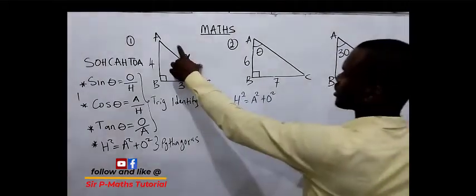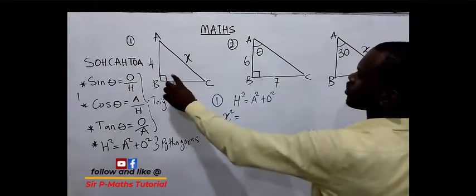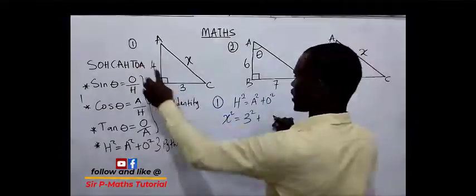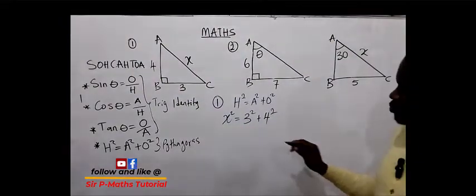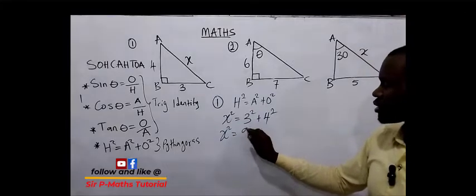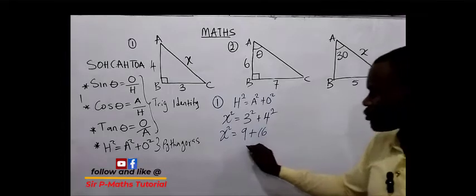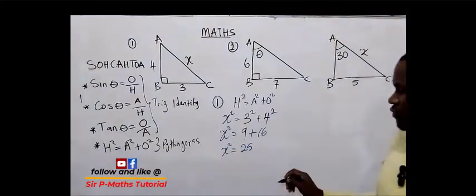Now my hypotenuse is the longest side, which is x. x squared is equal to the adjacent, which is 3 raised to the power 2, and the opposite, which is 4 squared. Now we bring down our x squared equal to 3 squared will give me 9, 4 squared will give me 16. Adding the both, I will have 25. So x squared is equal to 25.